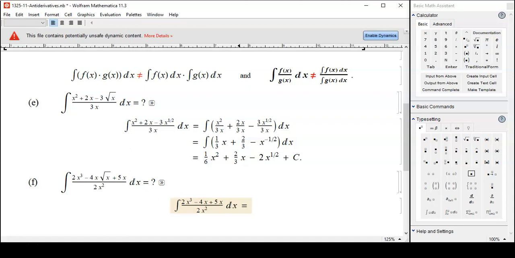Here again, let's consolidate all this into a single power form. Okay, I guess that's too many skipped steps. And then put this into x to the what power? 3/2 power.